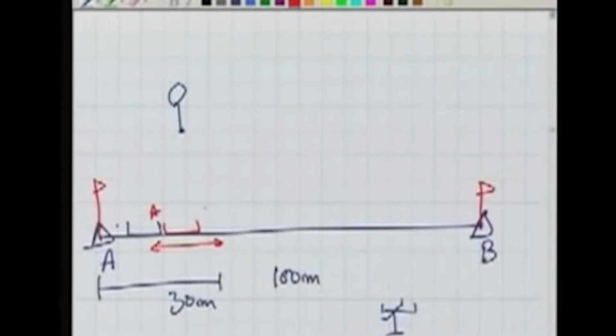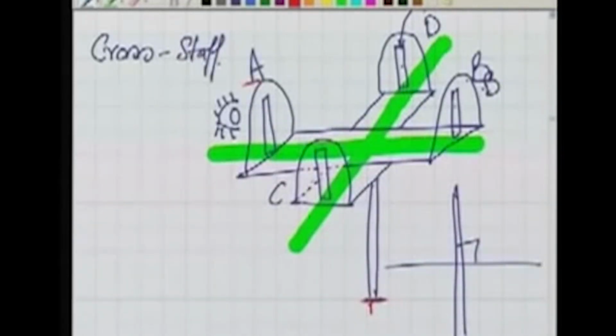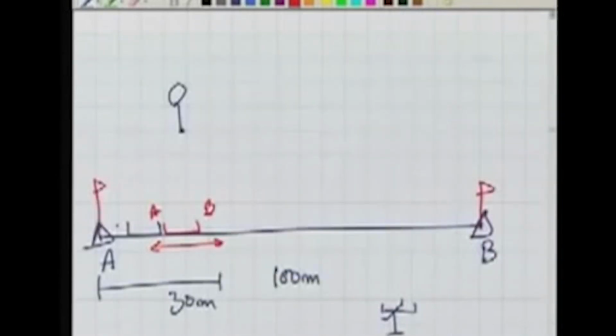In order to ensure the perpendicular, we need to see through C and D. By a trial and error method, you move along line AB and look through C and D until this object is visible clearly through CD. Then the base of your cross staff is on line AB.